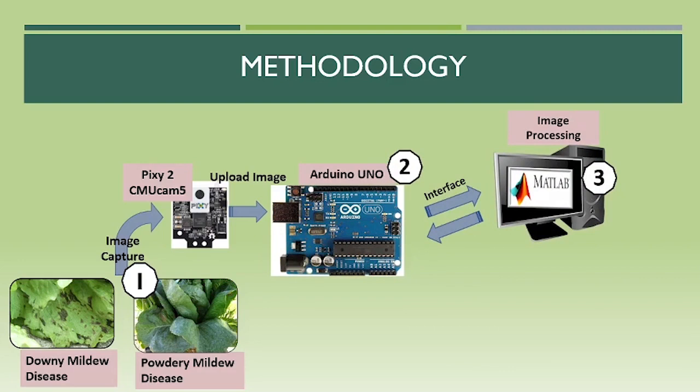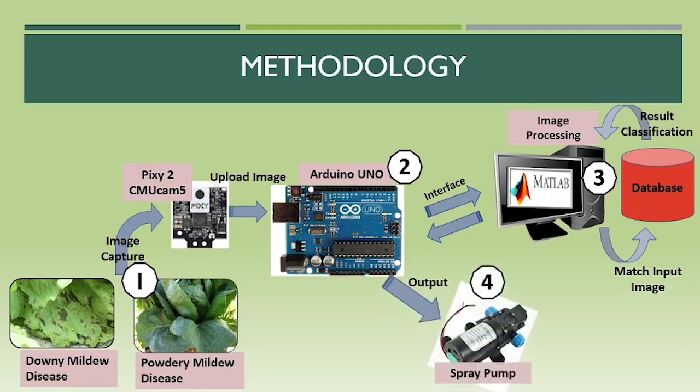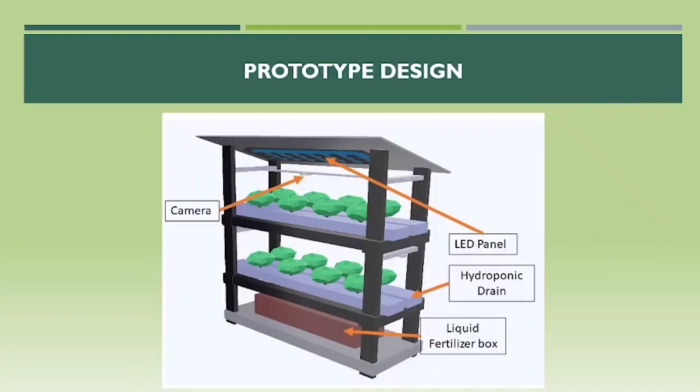So the image will be processed to identify the type of the disease. We use a database for result classification and for the accuracy. And then Matlab will send the input to the Arduino for the controlling process. The controlling process will be done by the spray pump.